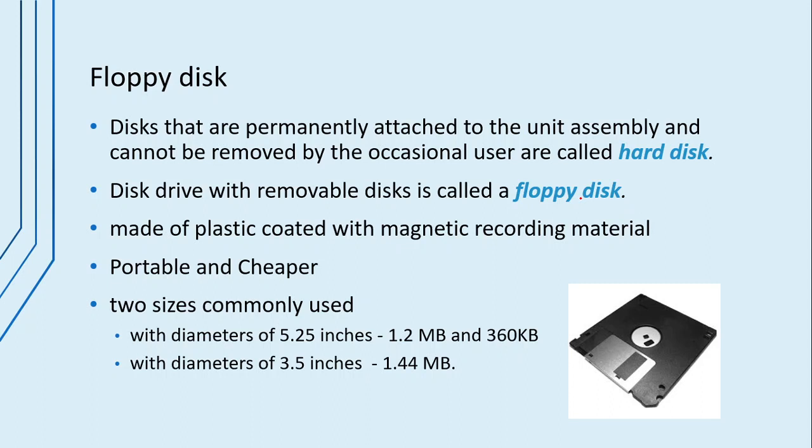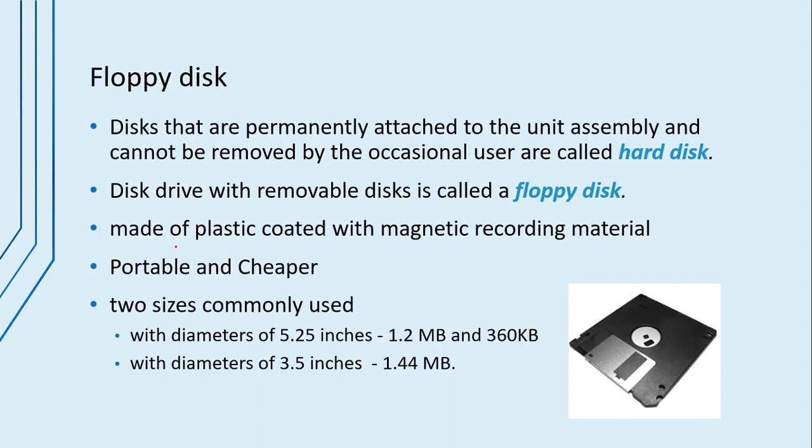Right now we are not using the floppy disk, but in the past we used it as a portable memory. Right now we have pen drives and many other kinds of auxiliary memory devices.